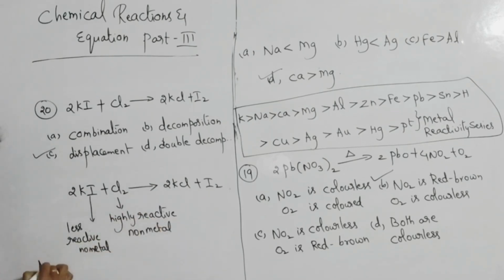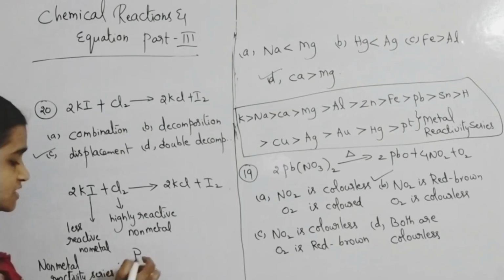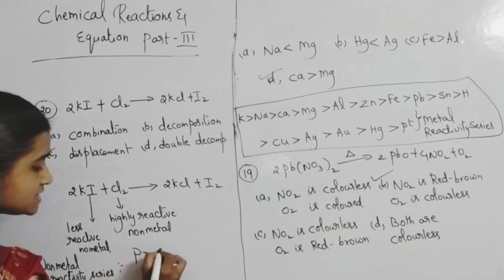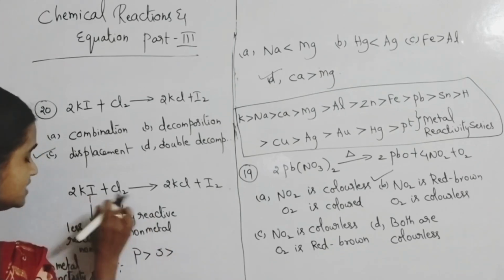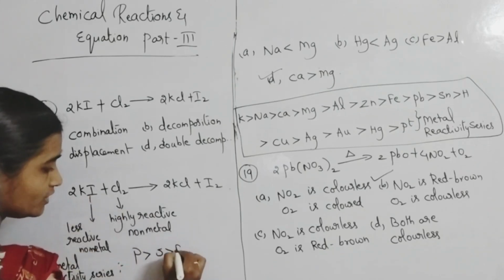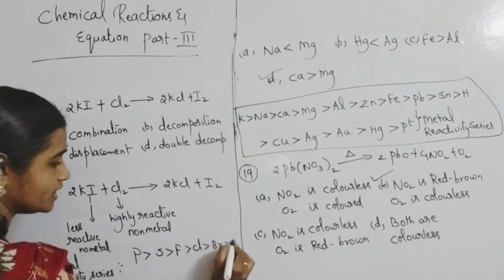So recall the non-metal reactivity series. The first highly reactive non-metal is phosphorus, please remember. Then comes sulfur. Then come the halogens: fluorine, chlorine, bromine, iodine.